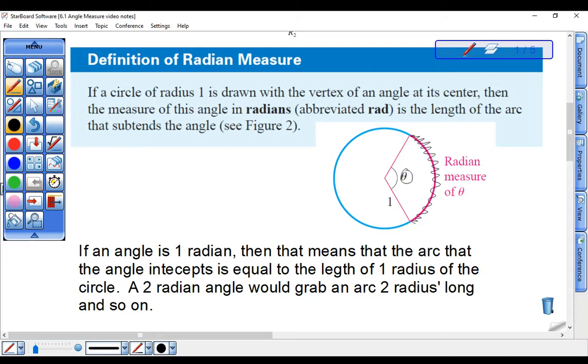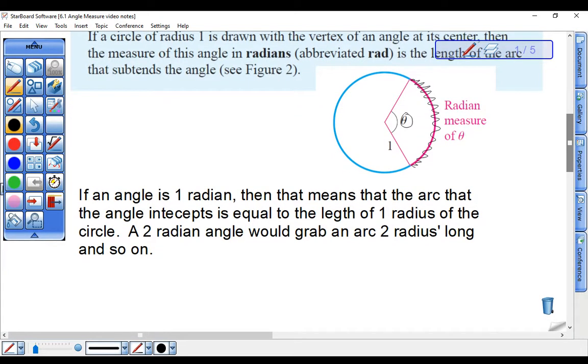So the angle can be measured in radians. A radian is an angle measure: the length of the arc that the angle grabs, if the circle's radius is 1. Another way to think about it: if I have a 1 radian angle, then the arc that it grabs is the same length as 1 radius of the circle.